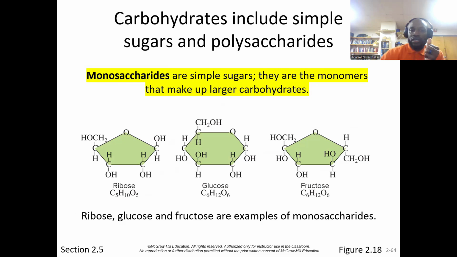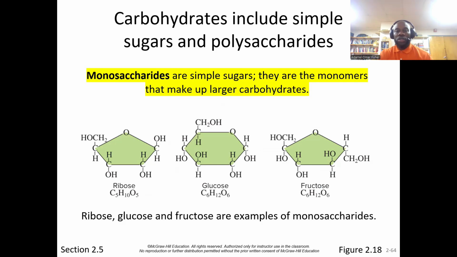Monosaccharides, specifically looking at carbohydrates. Carbohydrates are an organic molecule, and we have sugars and polysaccharides. Monosaccharides are a category of carbohydrates that involve simple sugars, and they are monomers that make up larger carbohydrates.